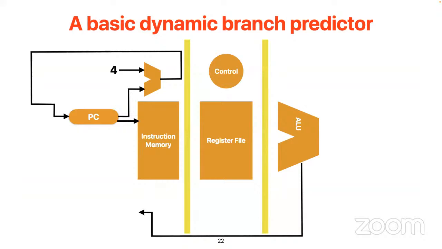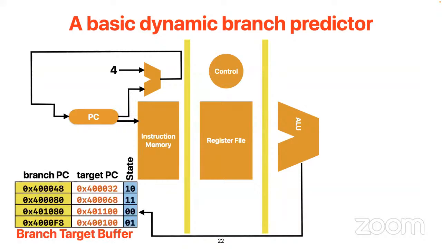The basic idea is that we have to maintain the target address, which typically you get through calculation, and also maintain a mapping table between a branch PC and its target, so that whenever I meet this program counter, this is probably the target.